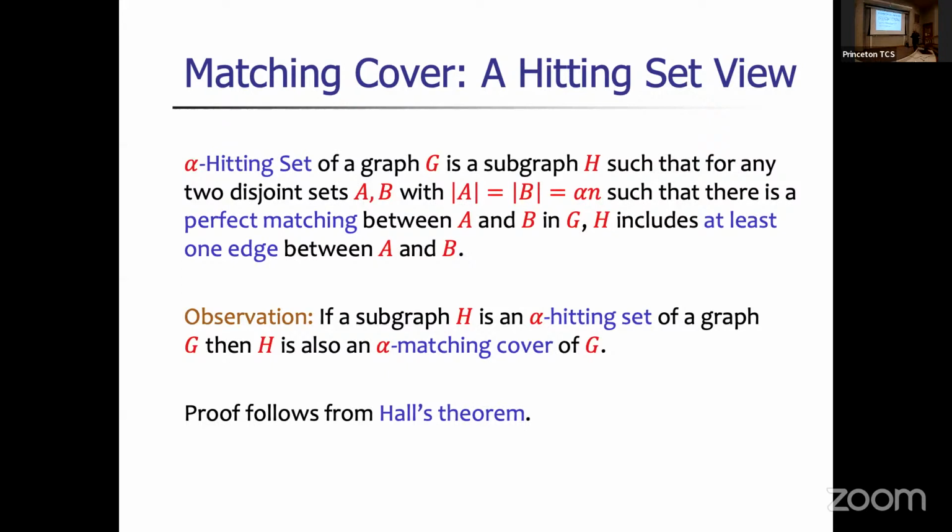Whenever your graph G has two sets A, B of vertices of size alpha n, which have a perfect matching between them, then the hitting set has the property that at least one edge connecting vertices in A to vertices in B is included in the solution. And it's not difficult at all to show that if you have an alpha hitting set, then you will also get an alpha matching cover. Okay, so all you need is to be able to hit subsets which have very large matching. Okay? And the proof really follows from Hall's theorem.